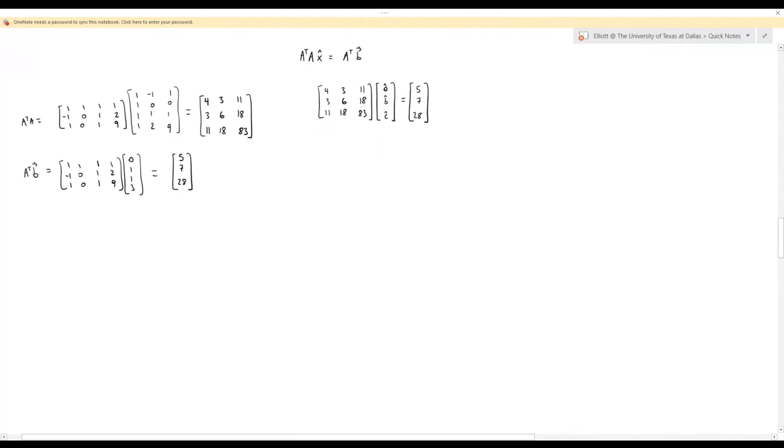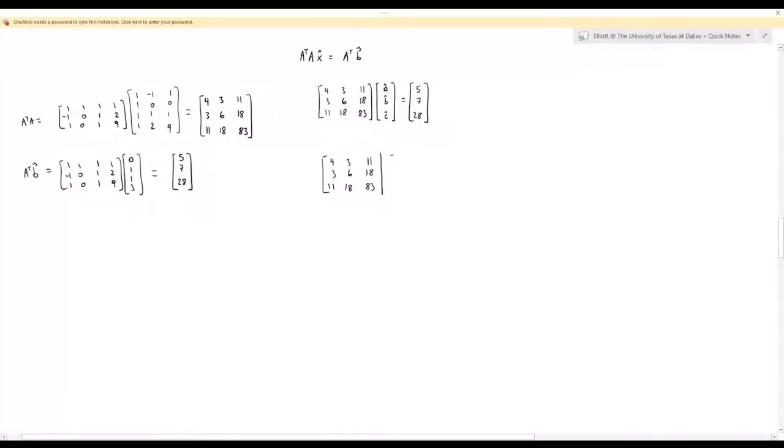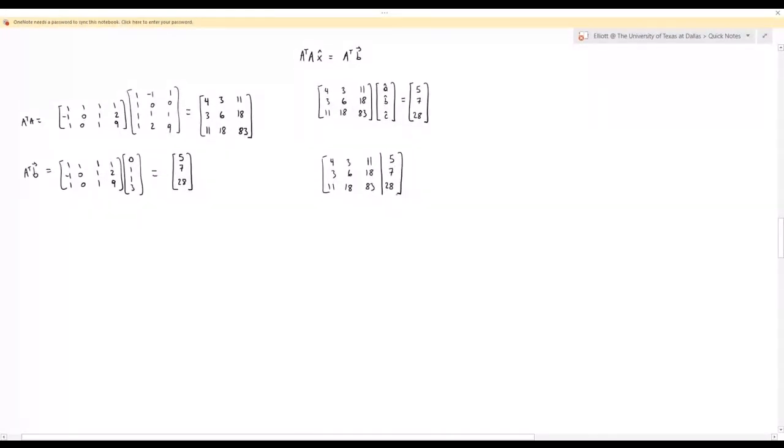So in this case, instead of using the inverse, I would try to solve it by elimination. Therefore, I would set up the augmented matrix for that system, and then do elimination to solve for A hat, B hat, and C hat.